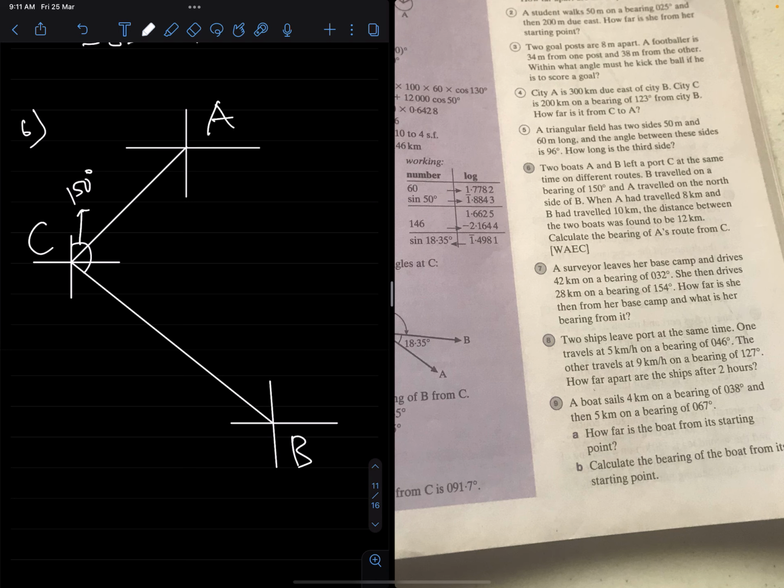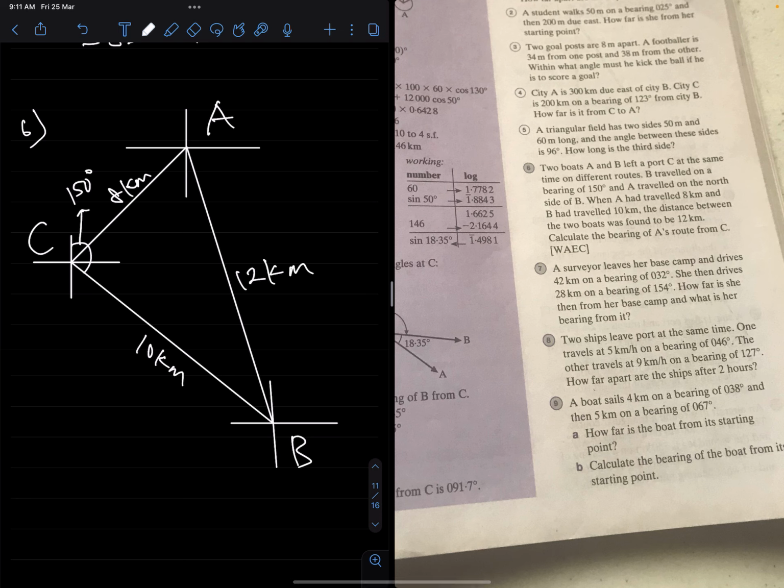This is A, and it traveled 8 kilometers from C, and B traveled 10 kilometers. The distance AB was found to be 12 kilometers. So that means this is 12 kilometers.